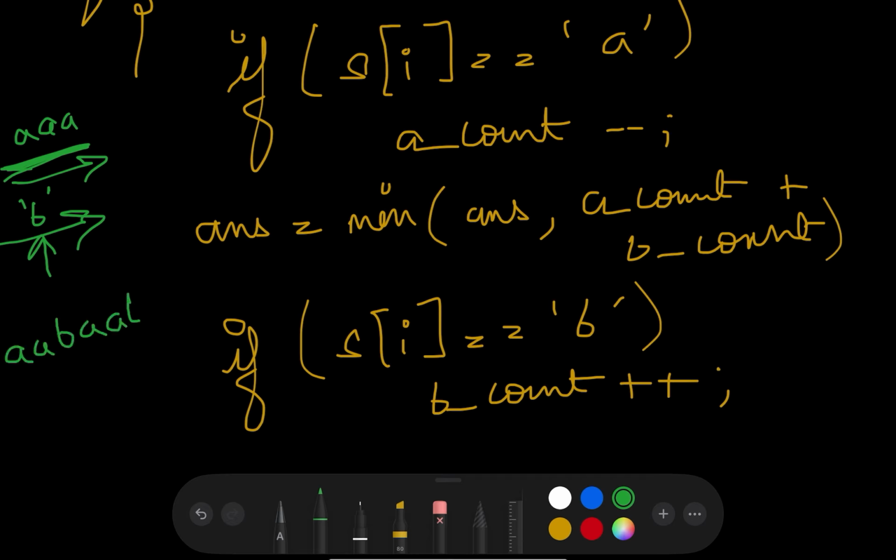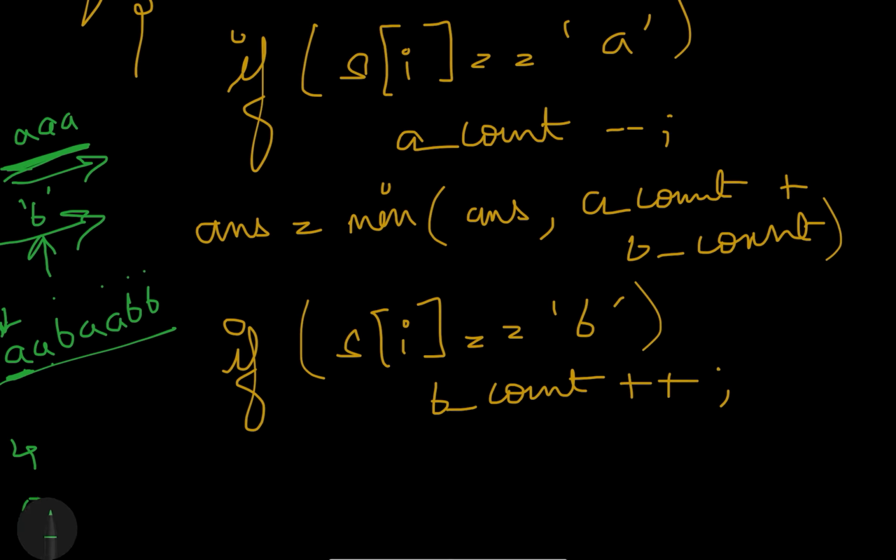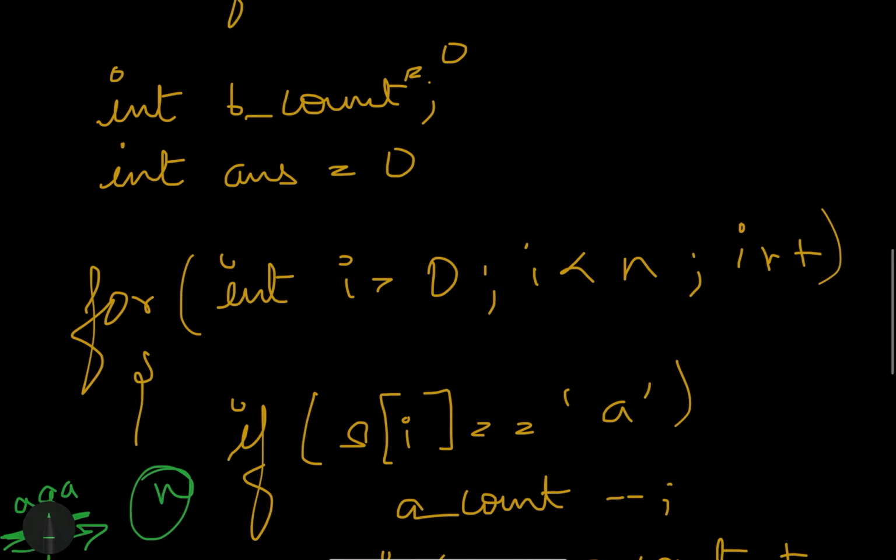Suppose this was our array. At this point we have A count as 1 2 3 4, 4, and B count as 0. So if we consider only this array, the maximum answer would have been our n.